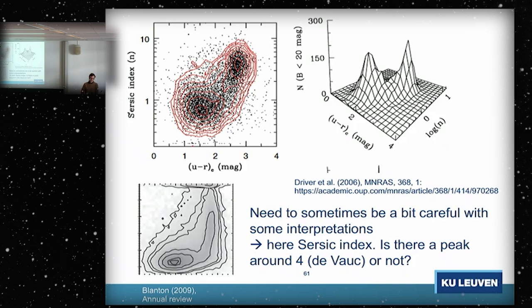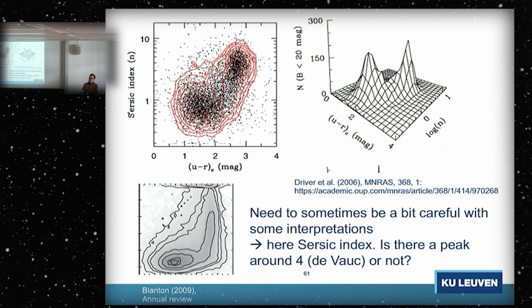Here is the Sérsic index from another database, where you look at the Sérsic index versus the magnitude, and you do seem to find an island around the exponential, and another island around 4. In this database it's a little bit clearer, I would argue, than in this one, which is from another database, from another study.